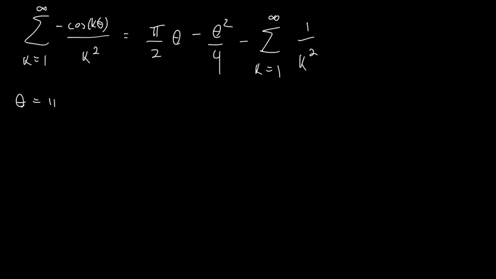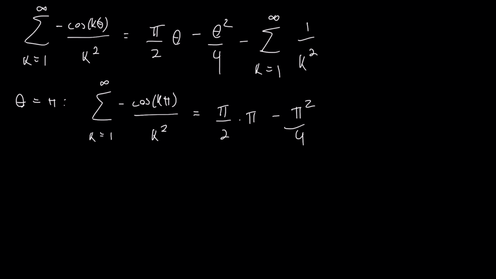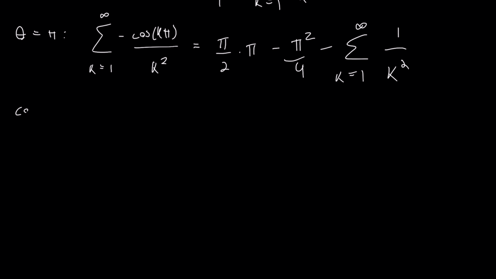So letting theta equal pi, we have the sum from 1 to infinity of negative cosine k pi over k squared is equal to pi over 2 times pi minus pi squared over 4 minus the sum from 1 to infinity of 1 over k squared. And we know that the cosine of k pi is the same thing as negative 1 to the k, but adding an extra negative sign would end up being negative 1 to the k plus 1.